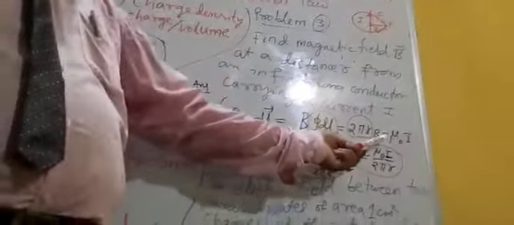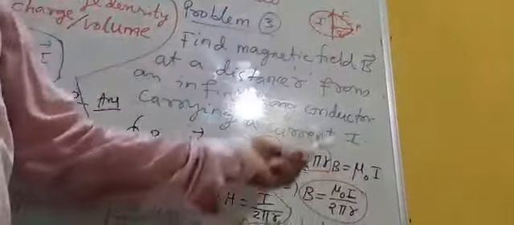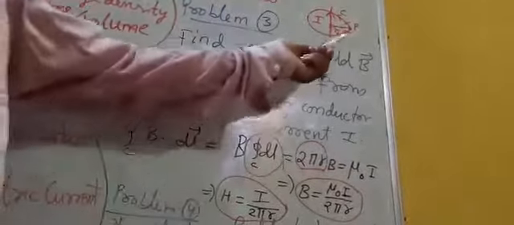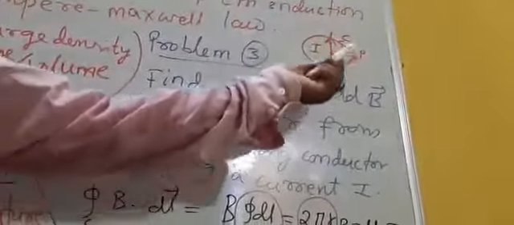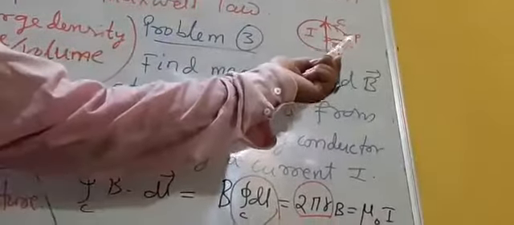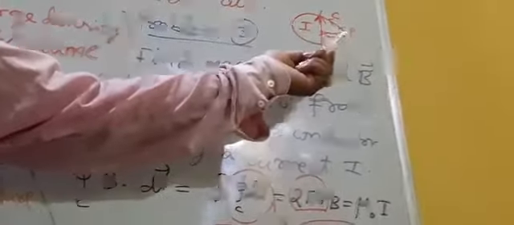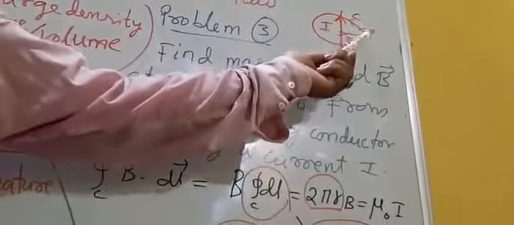So 2 pi r B is equal to mu naught I, where I is the current in the conductor. So first, taking the point P, you take a loop enclosing the conductor, and dl is the elementary length of the loop.